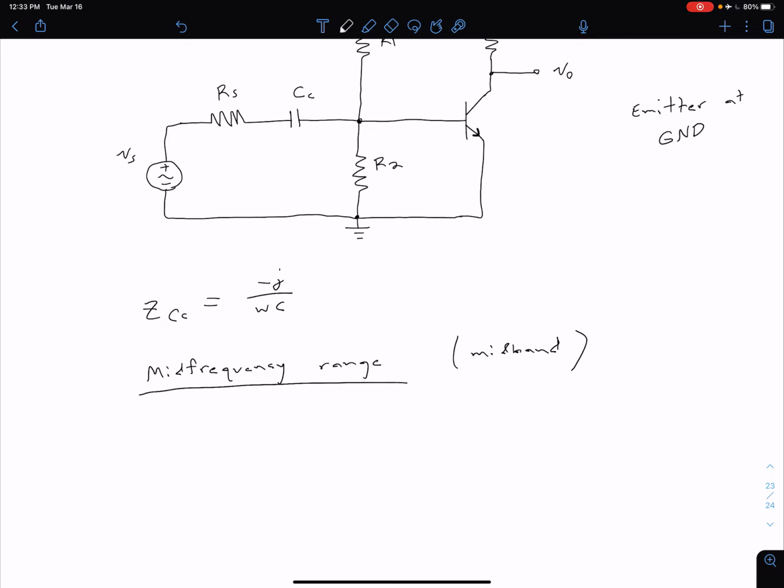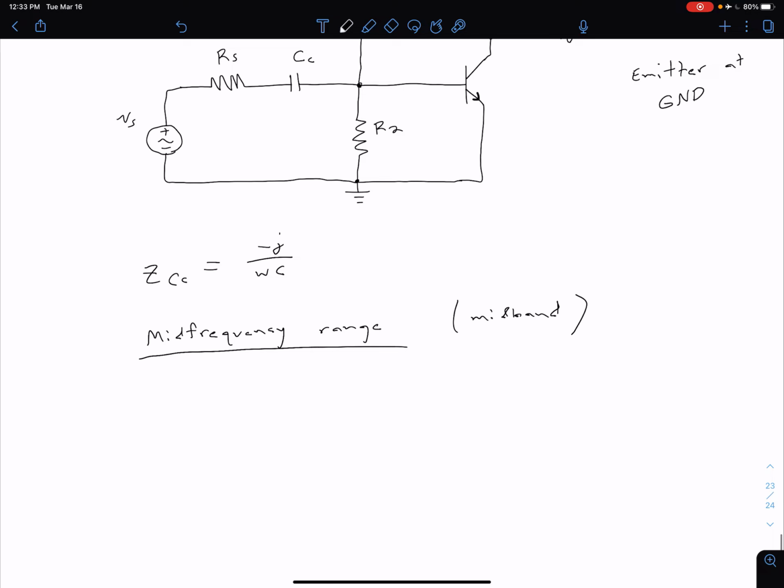Well, there's two things. We're going to assume that our frequency is large enough so that Z sub CC is going to be negligible for our AC signals.